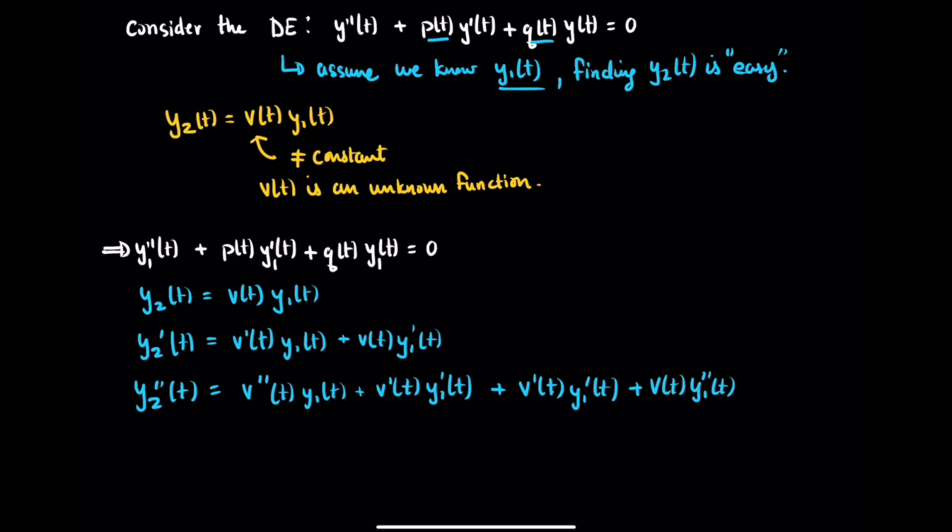Now we can group some terms together. These two terms are the same, so we can rewrite y2 double prime t as v double prime t y1(t) plus 2 v prime t y1 prime t plus v(t) y1 double prime t. And that is your simplified y2 double prime t.